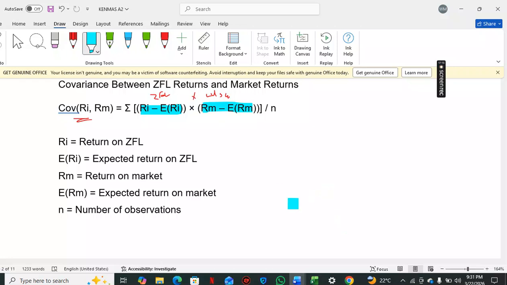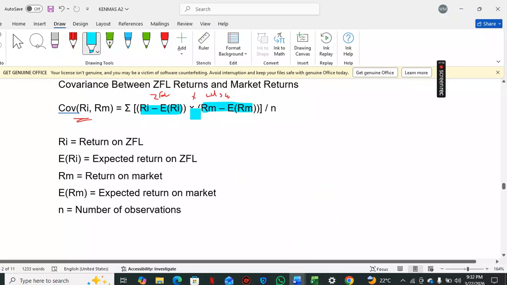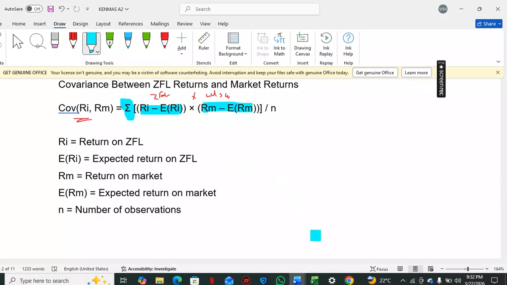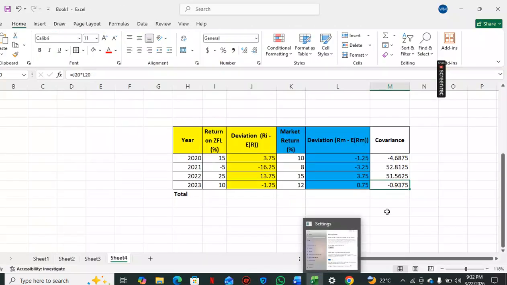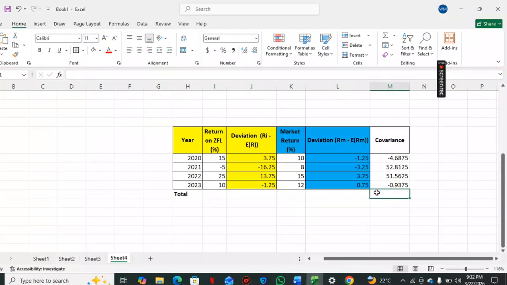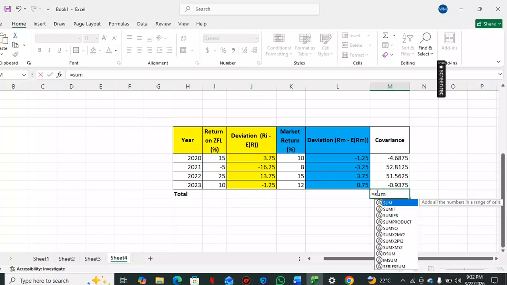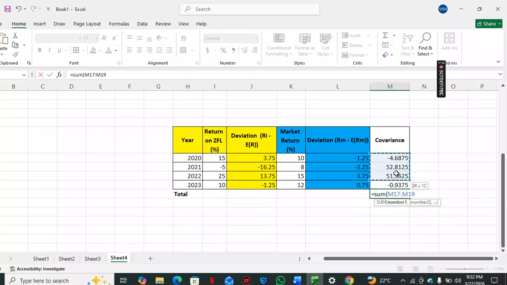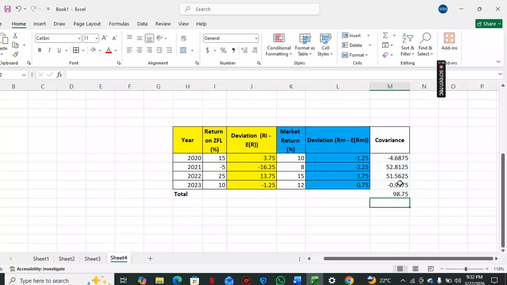Then you multiply. That's what we've done. Since there is a sigma here, after you multiply, then you add. Negative 4 plus 52 plus 51 plus negative 0.9, you get 98.75.